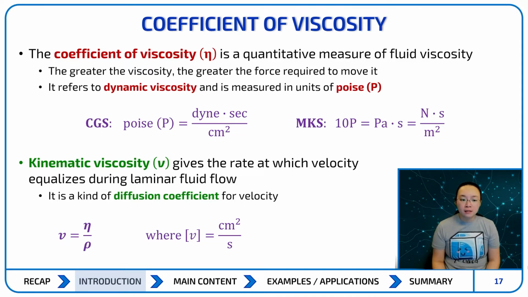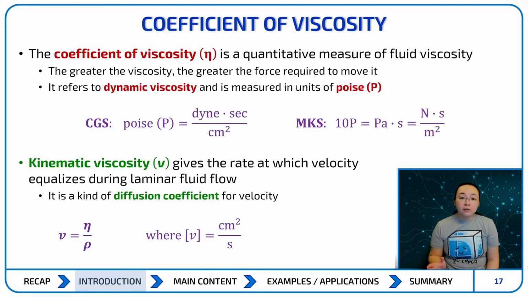That gives the rate at which velocity equalizes during laminar fluid flow. So it's almost like a diffusion coefficient for velocity. Nu is defined as your viscosity divided by your density rho.